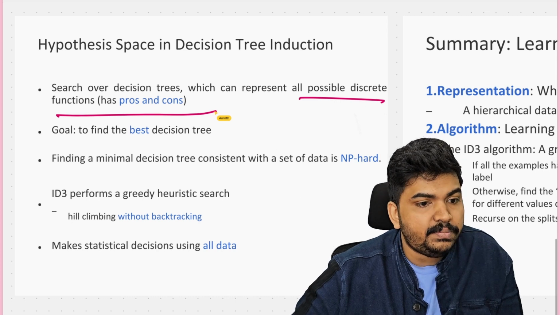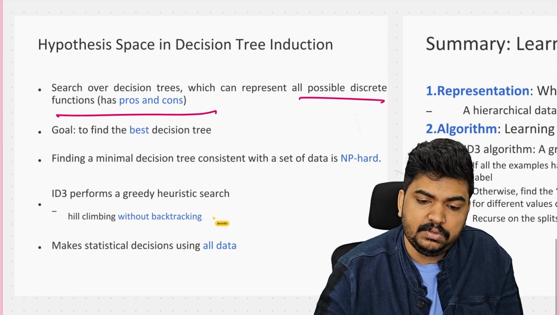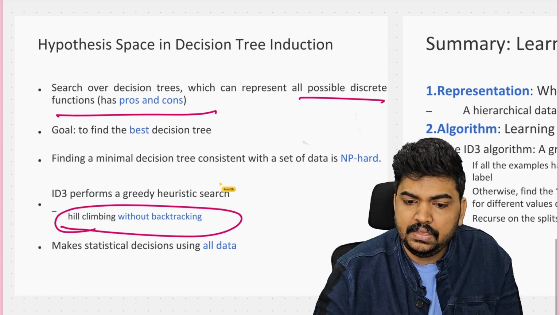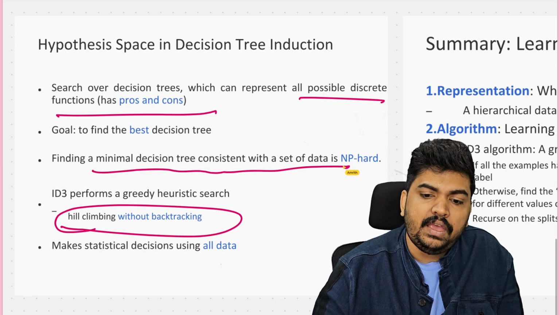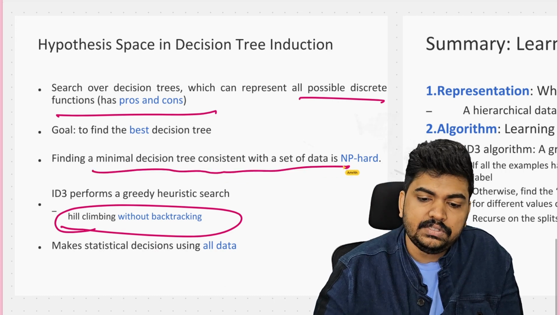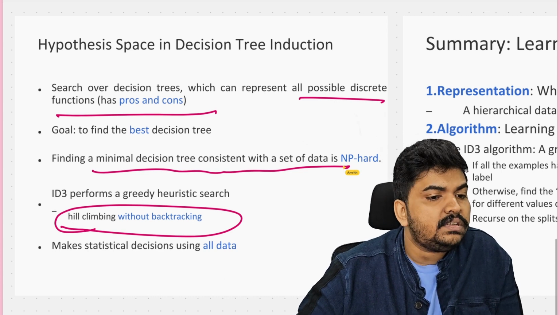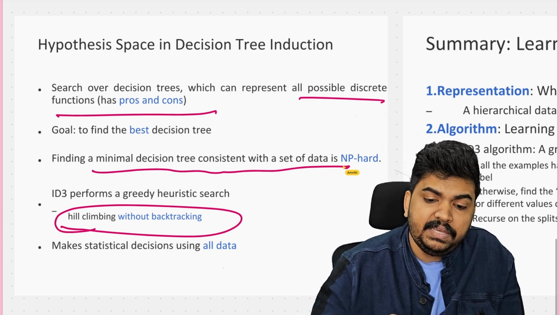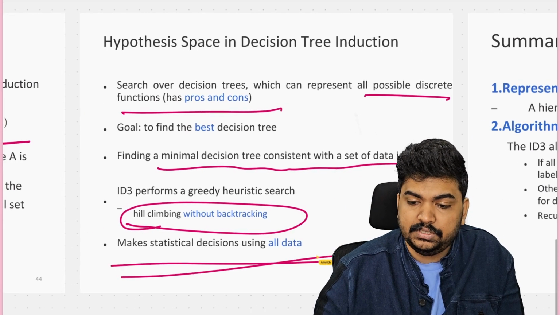So if we have to find the best tree, we need a tractable solution such as hill climbing without backtracking, because it's an NP-hard problem to find minimal decision tree consistent with a set of data. And since we are using this greedy heuristic, hill climbing without backtracking makes sense. And we make the statistical decision using all the data available to us.